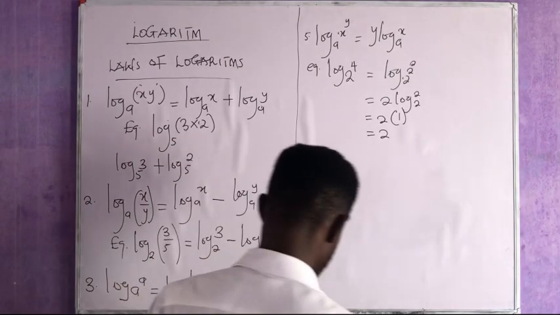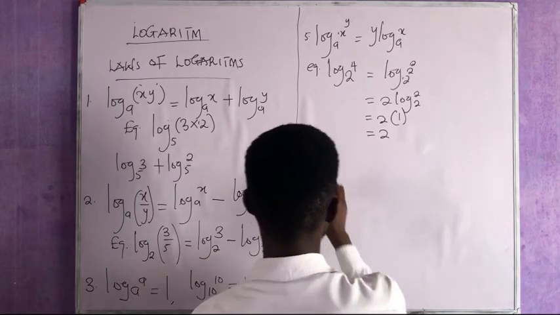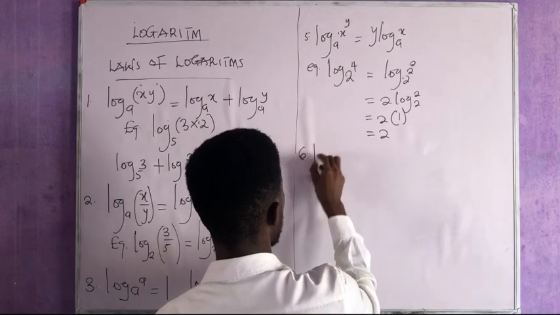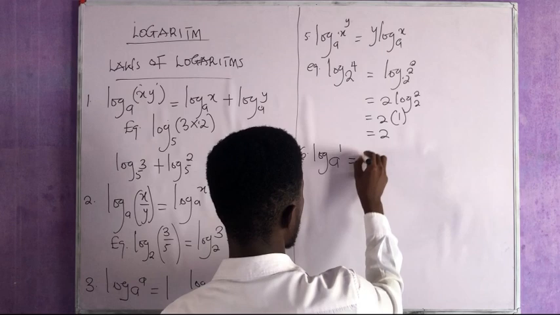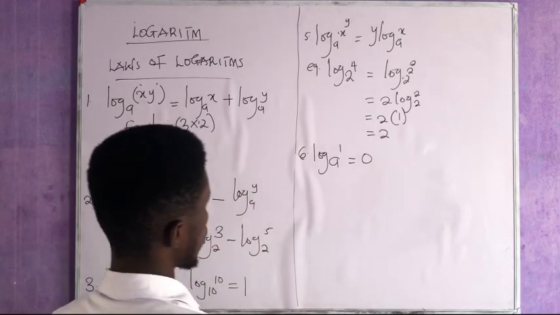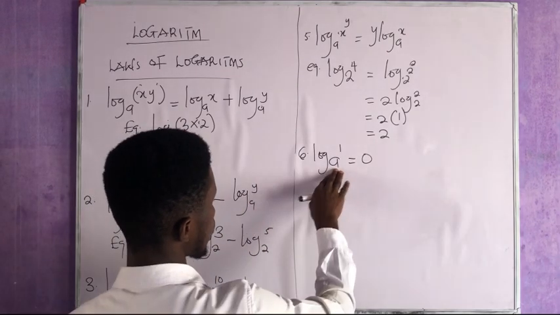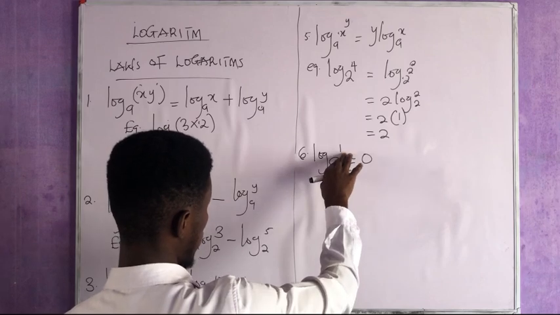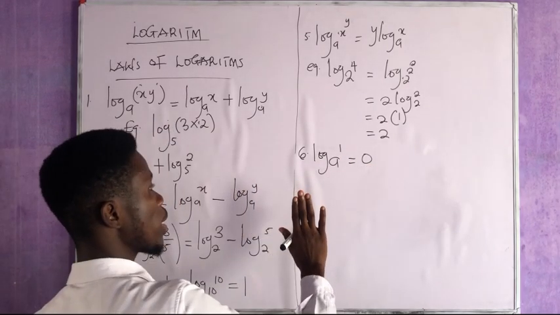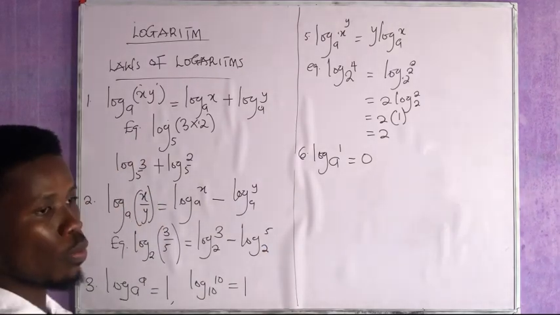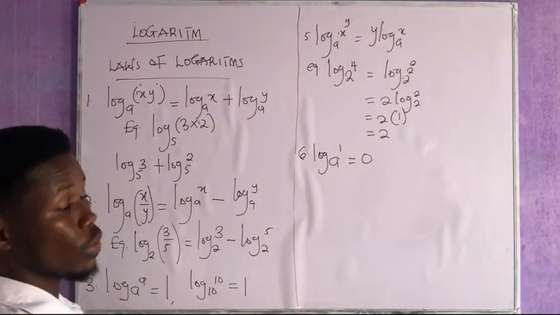Next point, we have log a to the power 1 will give us 0. So anything to the power 1 will give you what? 0. Please, I've already said that a should not assume zero and negative numbers.